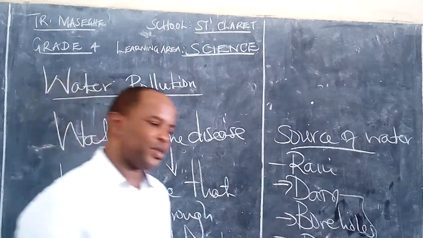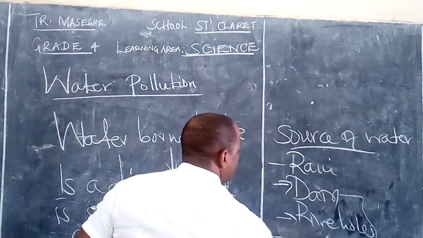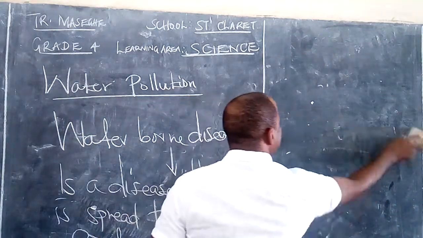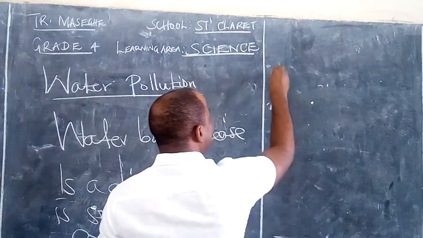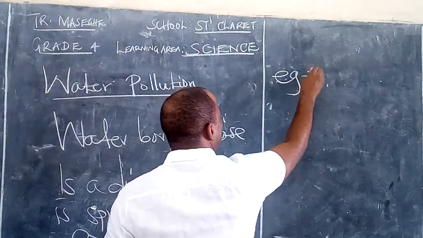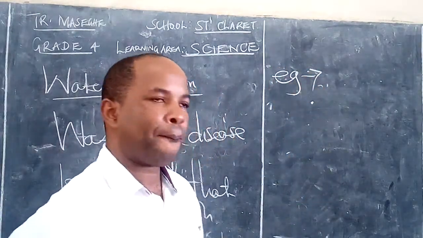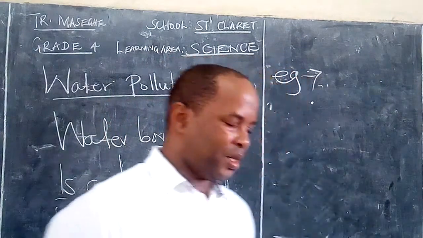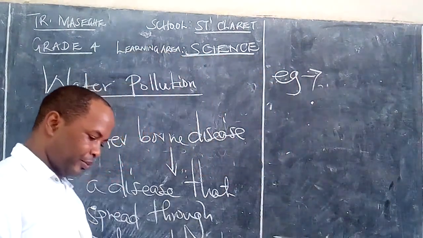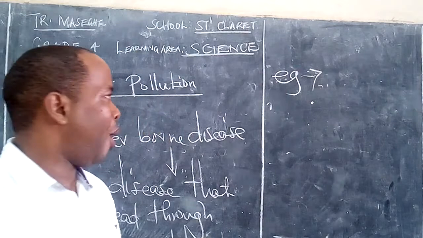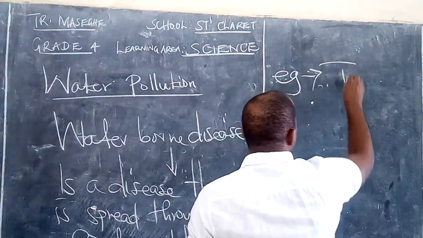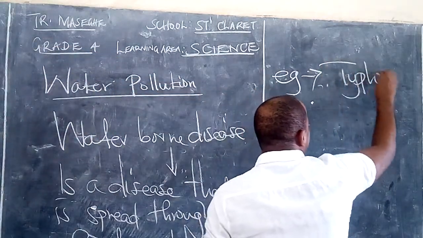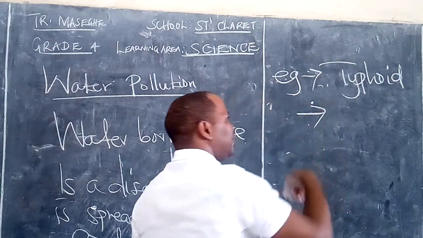We can give examples here. Examples of waterborne diseases. Yes, you can name one that you know, Lana. Any waterborne disease that you know. One, we call typhoid. Yes, typhoid is one. Any other?